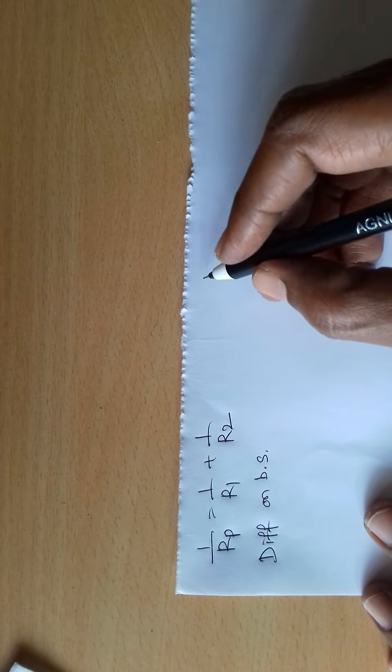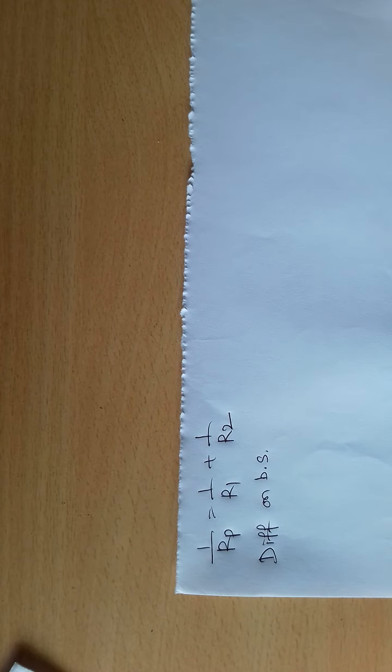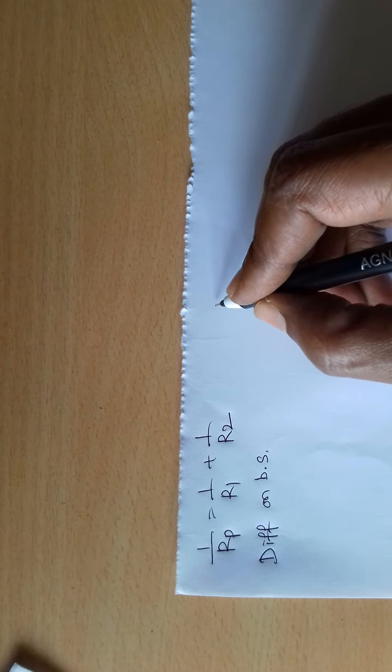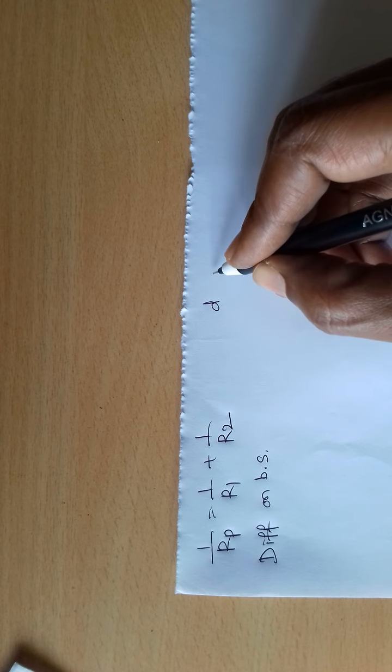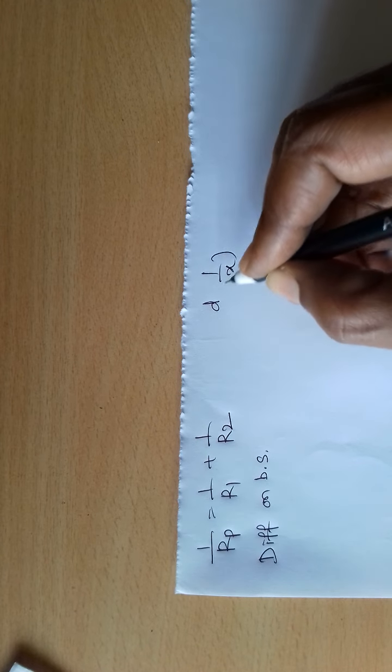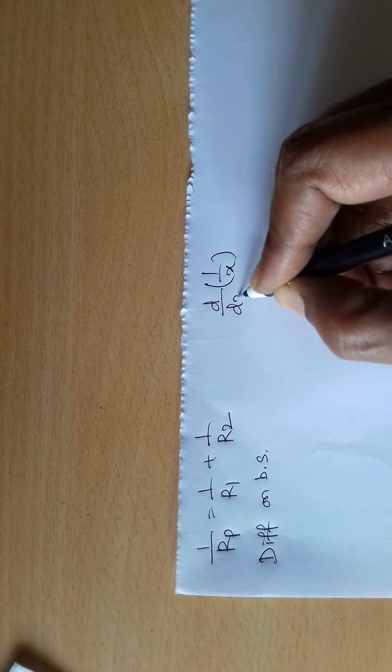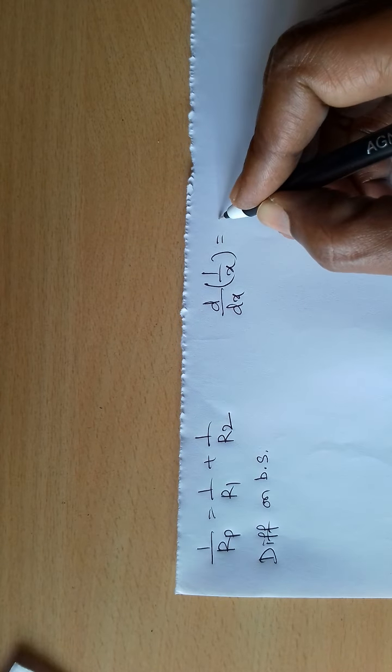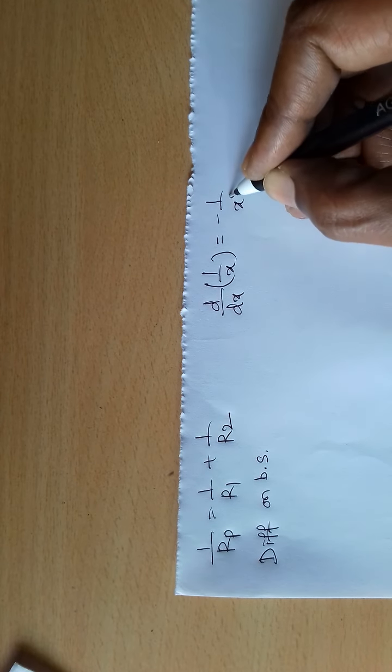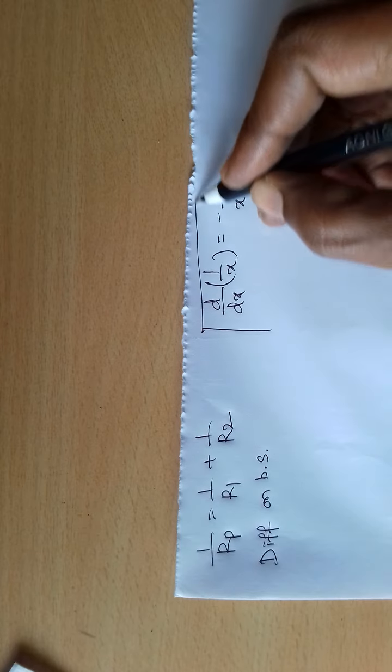I should tell you the formula for differentiation. When you differentiate 1 by x with respect to x, you get minus 1 by x square. This is the formula.